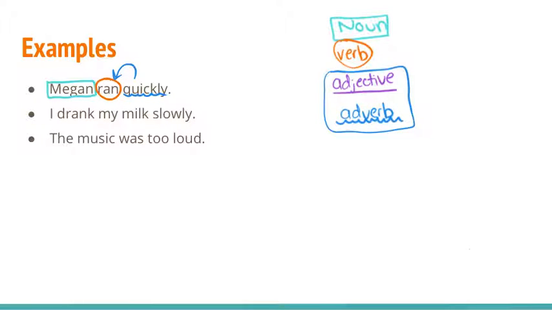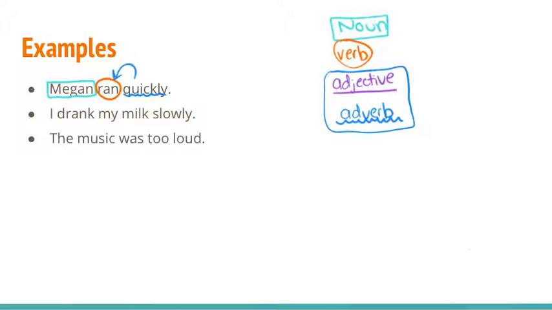We're describing how Megan ran. We can just say Megan ran, but did she run slowly? Quickly? Speedily, hastily, begrudgingly? These are all different flavors or sprinkles that we can put onto this sentence to make it more interesting and to give it its own unique taste, depending on the word that we choose.